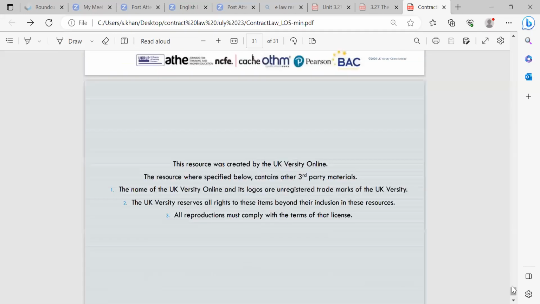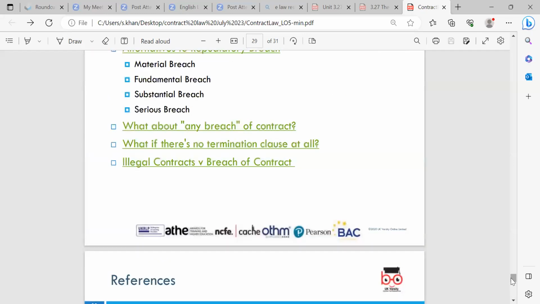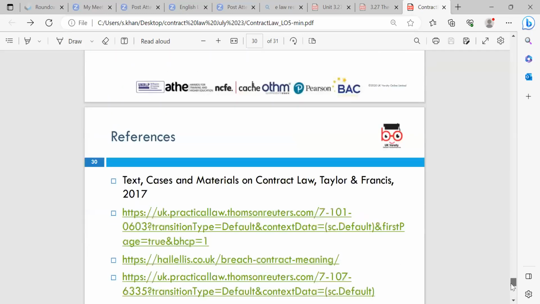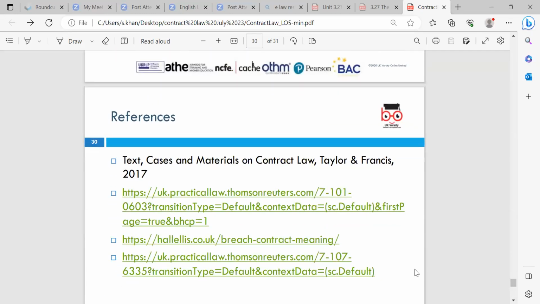The references that have been used for this session are Contract Law by Taylor and Francis, 2017, text, cases and materials. Also the Thomson Reuters website, Practical Law, Halsbury's, breach of contract meaning, and Thomson Reuters in regards to any sort of contract issues and case law.